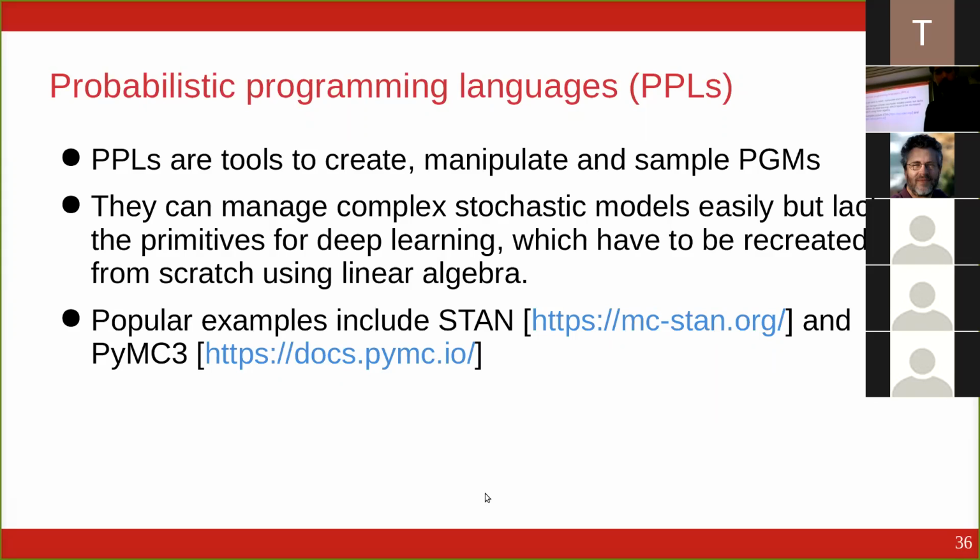Some of the most popular PPLs are Stan, which is its own programming language, but it's got bridges to most popular scientific packages like Python, MATLAB, R, and so on and so forth. And PyMC3, which is a Python library.